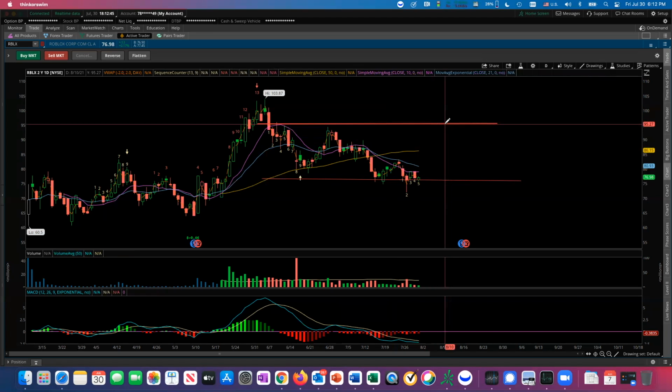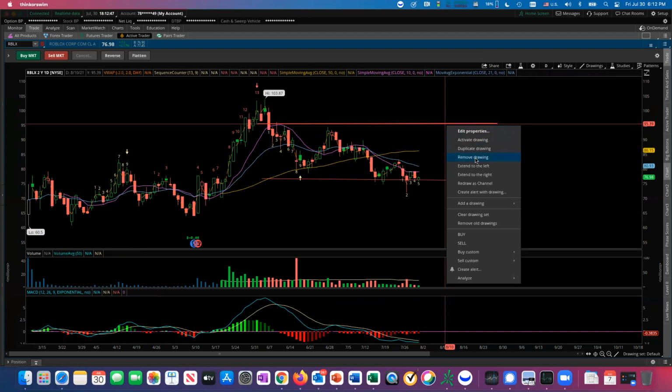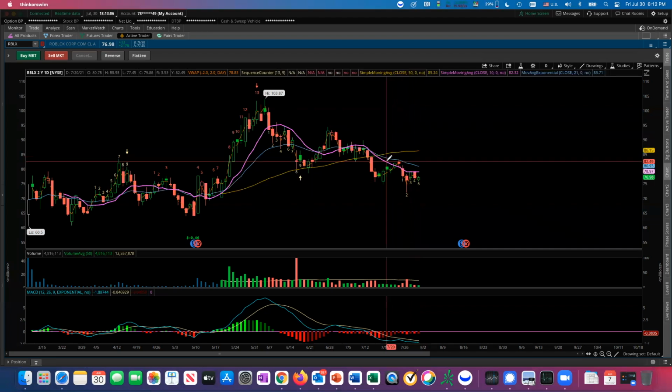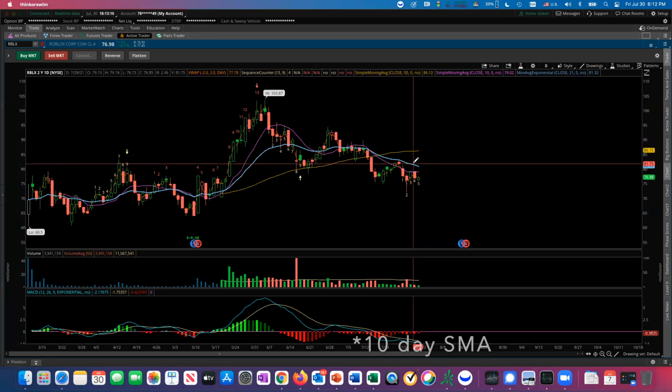So to simplify, let me first remove those lines. The biggest yellow line is the 50-day simple moving average, the pink line is the 21-day simple moving average, and the blue line is the 21-day exponential moving average line.